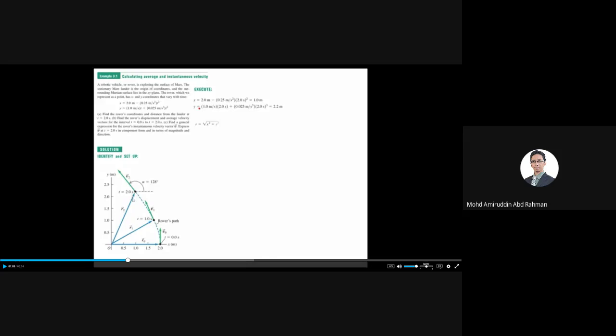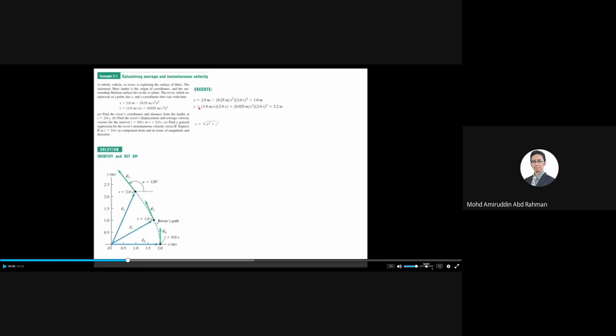That's the rover's path, at t0, t1, and t2. Initially we have x0 equal to 2 and y0 equal to 0. At t equals 1, x is around 1.7 and y equals 1. At t equals 2 seconds, y is around 2.2 and x is around 0.9.